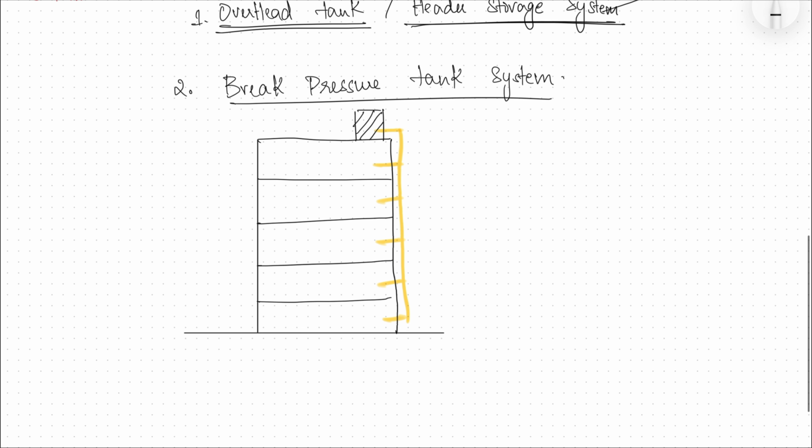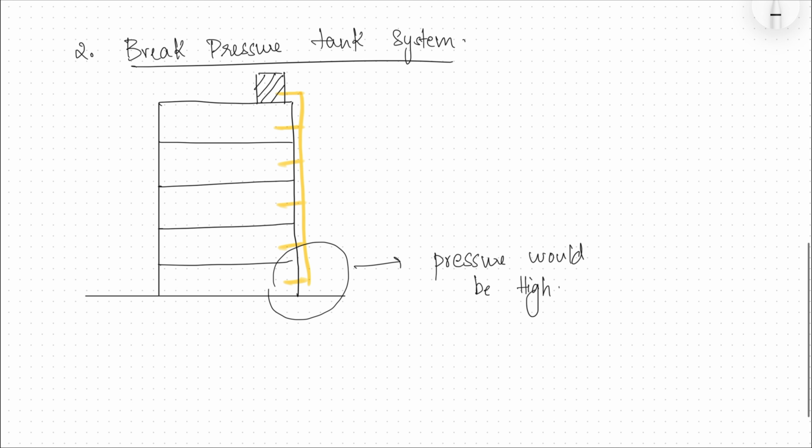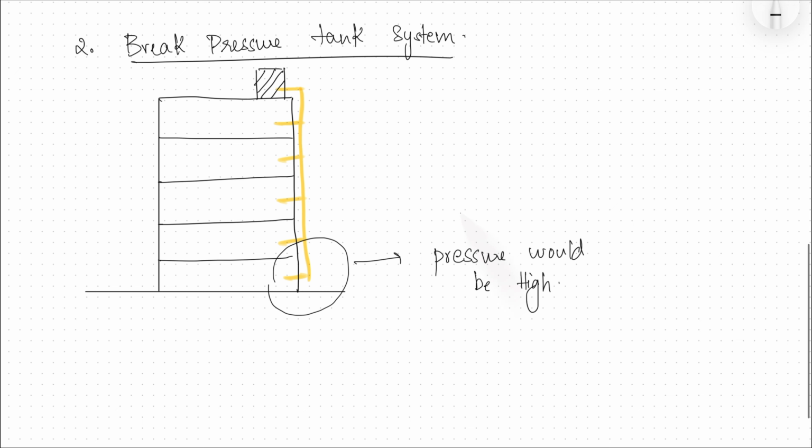Okay, so here the pressure would be, and they call this the hydrostatic pressure.